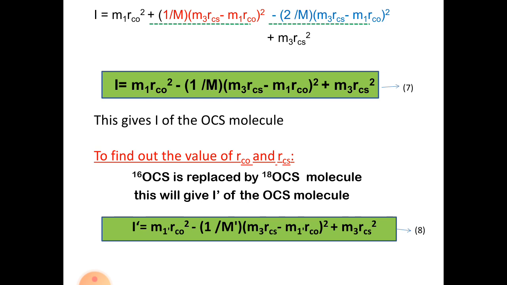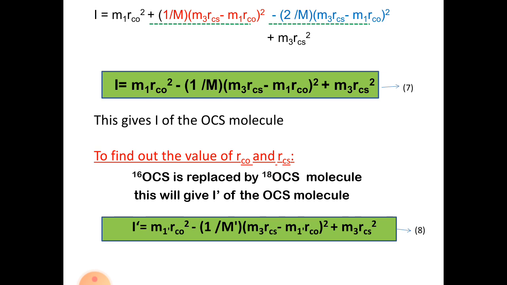Then you subtract 2 divided by M from 1 divided by M and you will get I equal to M1 RCO square minus 1 divided by M into M3 RCS minus M1 RCO the whole square plus M3 RCS square. This is equation number 7. This is the moment of inertia of the carbonyl sulfide molecule, OCS molecule, that is parent molecule.